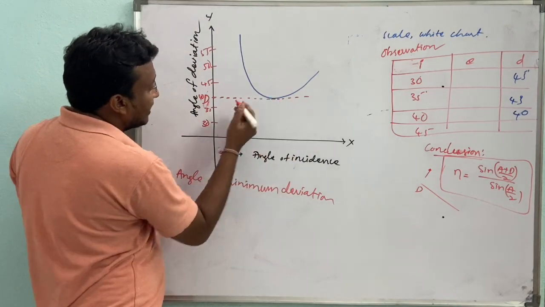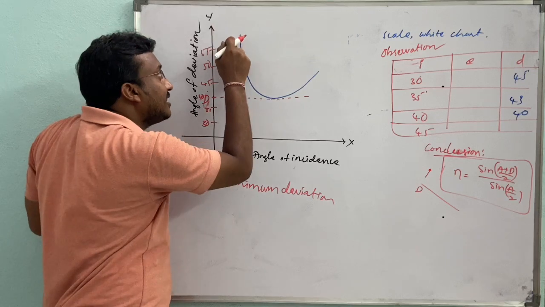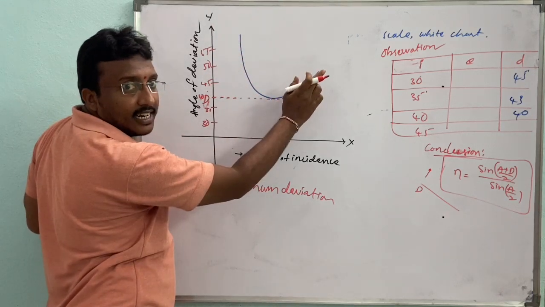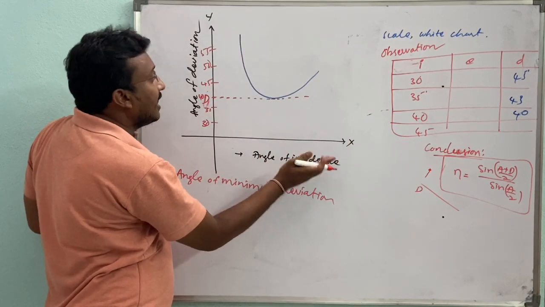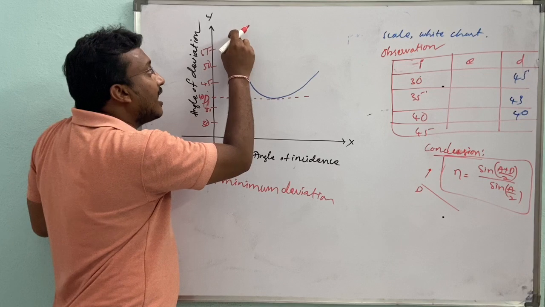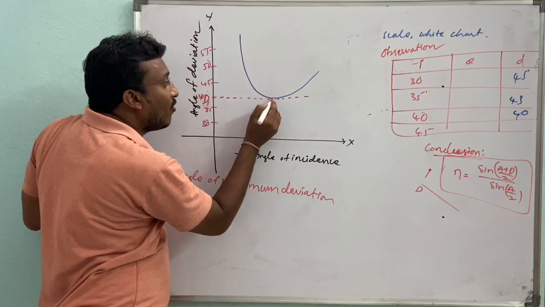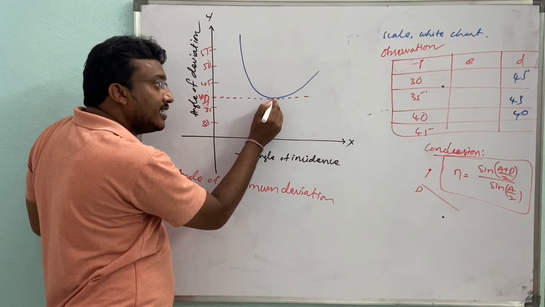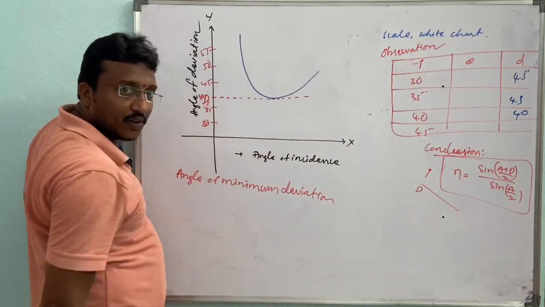In this case, the angle of deviation decreases up to a certain point, then after that it is increasing, right? When the angle of incident increases, in this case the angle of deviation decreases up to 40 degrees, then after reaching 40 degrees it increases again. Got it?